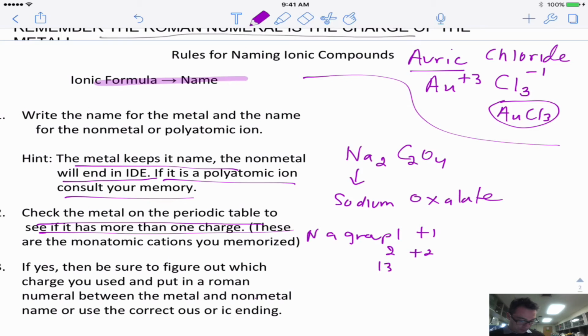If you're group 13, you're +3. But if you're one of those elements, like copper, cobalt, manganese, platinum, lead, silver, gold, well, not silver actually, gold, tin, and you have more than 1 charge, well then guess what? You need to put in that Roman numeral when you write the name.